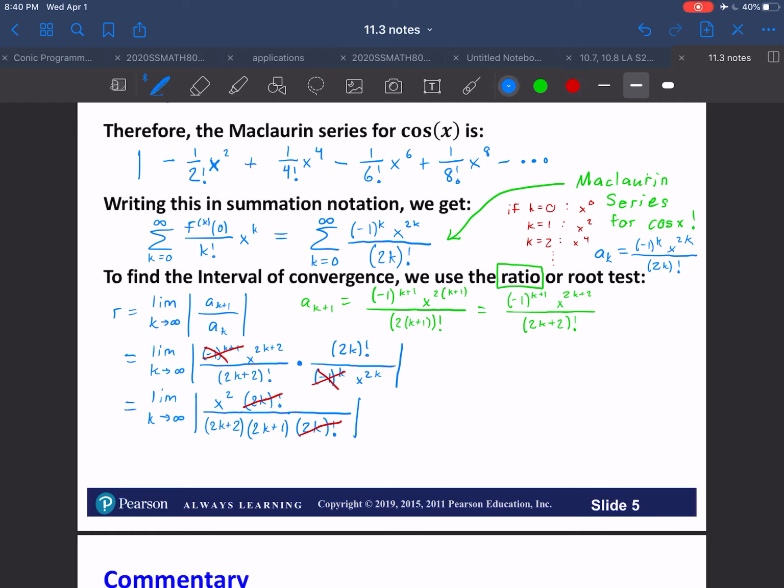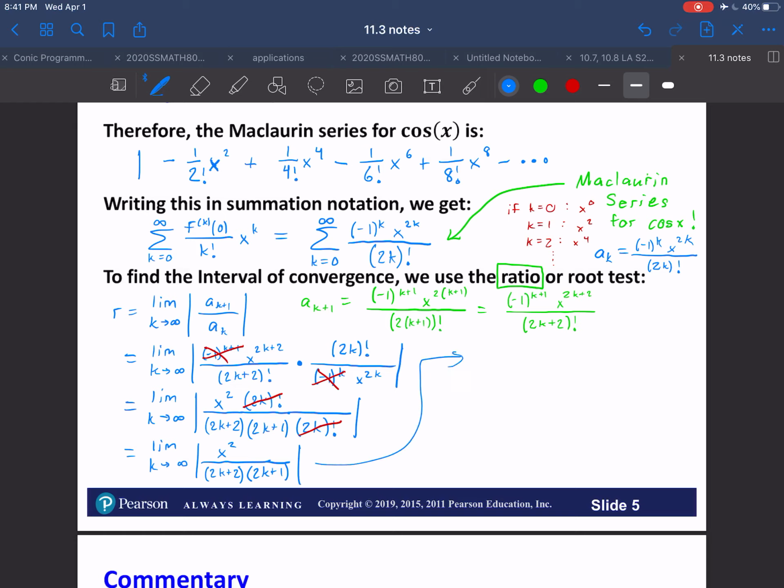All right. And so what we are left with is just the limit as k approaches infinity of the absolute value of x squared all over 2k plus 2 times 2k plus 1. Since this is a limit as k approaches infinity and x is not k, we can bring that x squared to the outside of the limit.